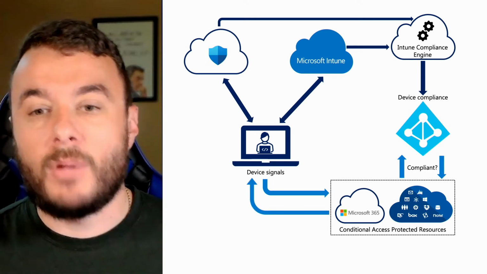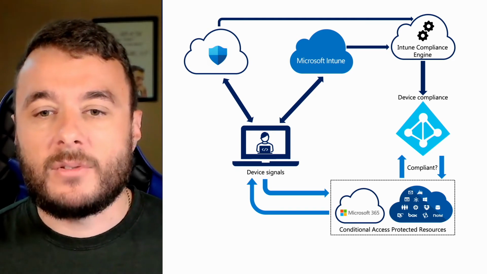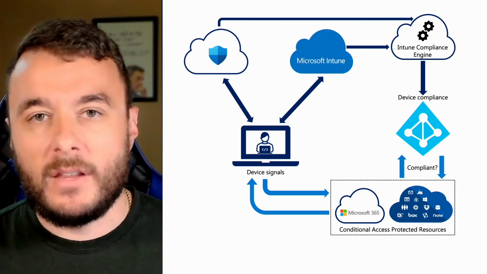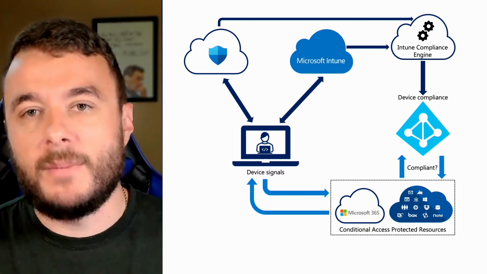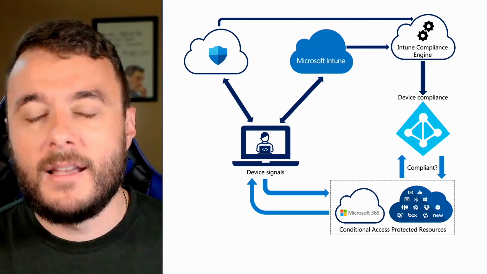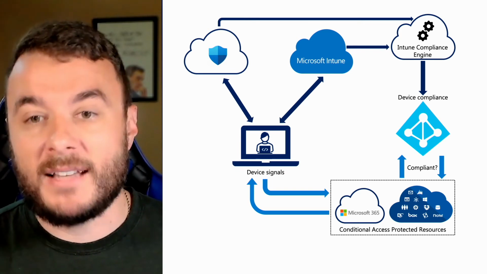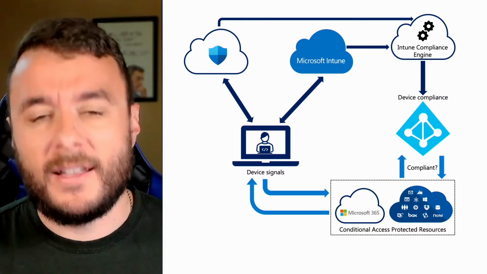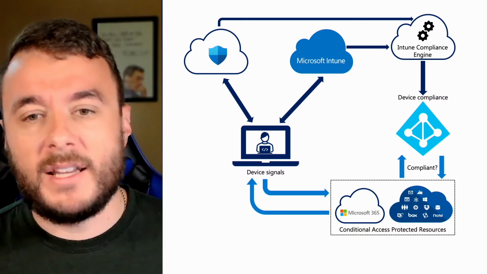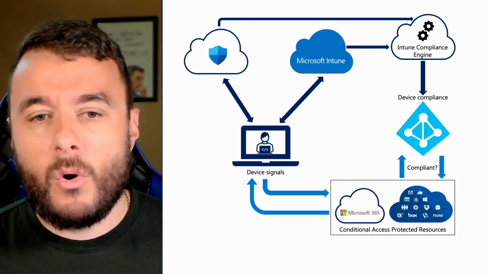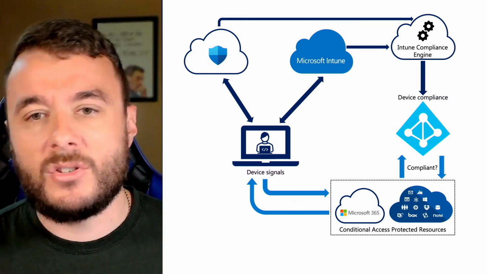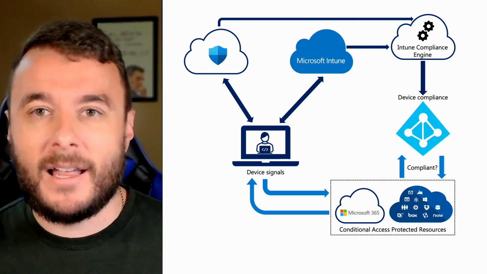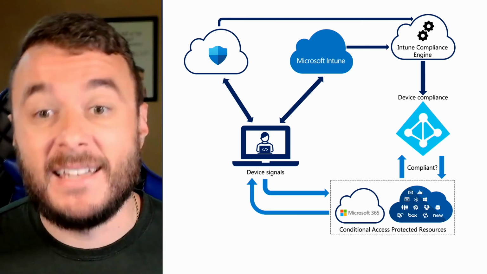If the device is not compliant for some reason, Azure Active Directory will redirect the end user to a remediation flow that allows the end user to take actions or gives them insight into why their device isn't compliant and why they may be getting limited access to resources. The end user then has the ability to rectify the situation and bring the device back into a compliant state, or there are more common scenarios like the end user is trying to access a resource from a device that just simply isn't managed. So they'll be guided on managing that device or bringing that device into management.